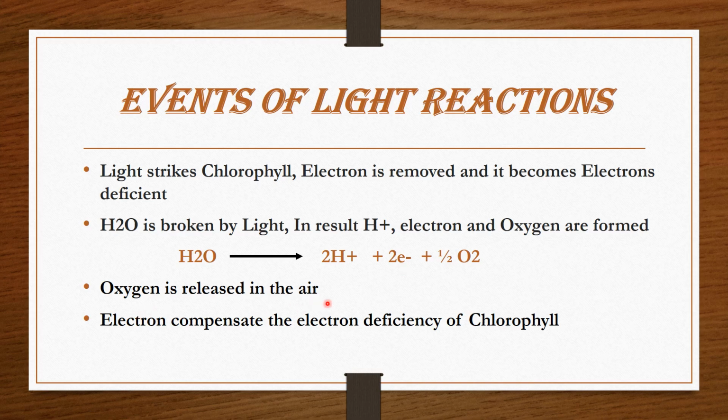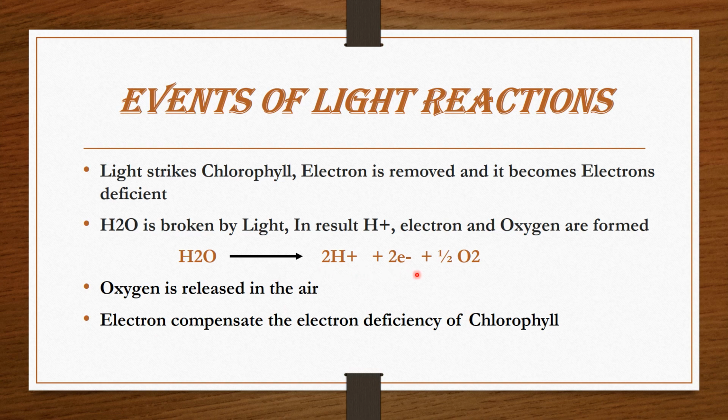Oxygen is released in the air. The hydrogen and electrons will be used in the electron transport chain, but the oxygen is released through stomata in the air.